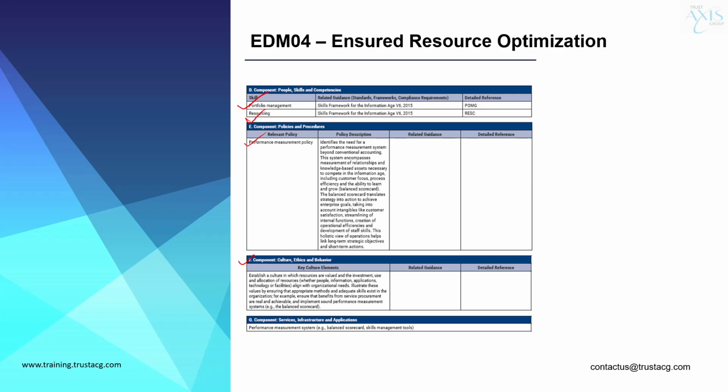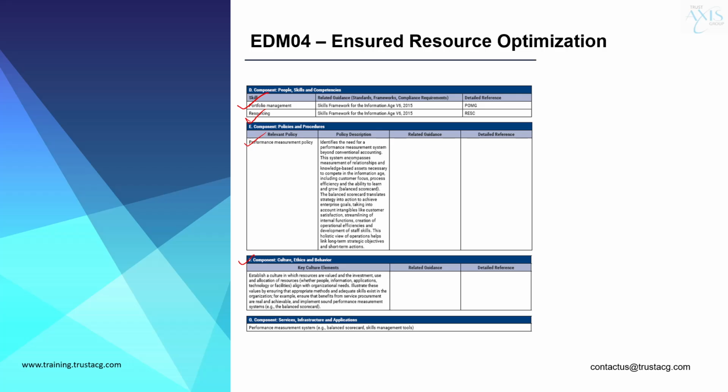Key cultural elements in this segment would include ensuring that resource allocation decisions align with the organizational priorities, so no effort or investment is wasted. It also encourages leaders to value both tangible and intangible resources such as knowledge, time, and innovation capacity.